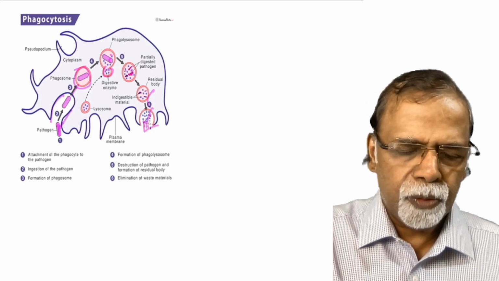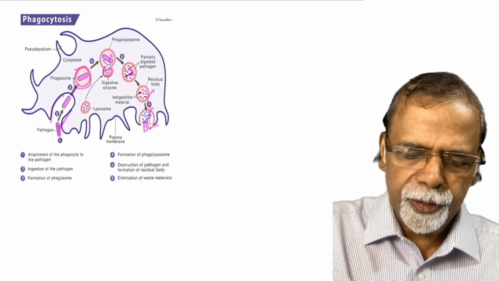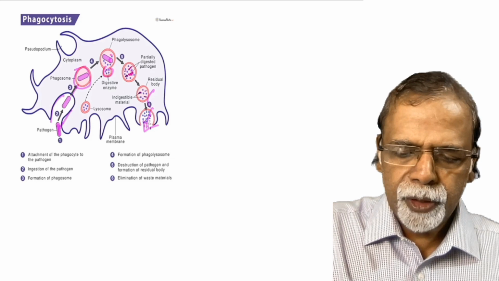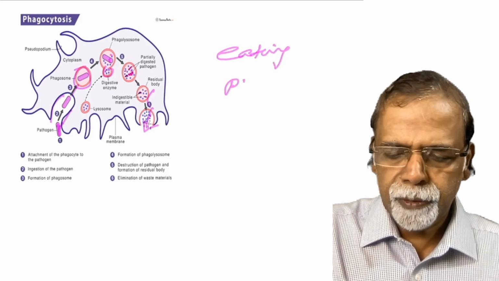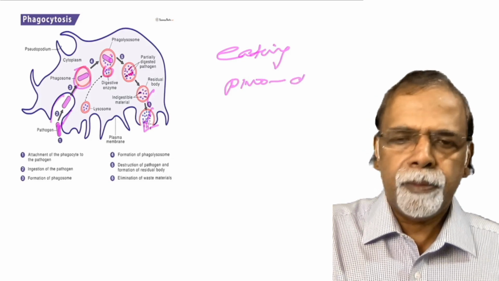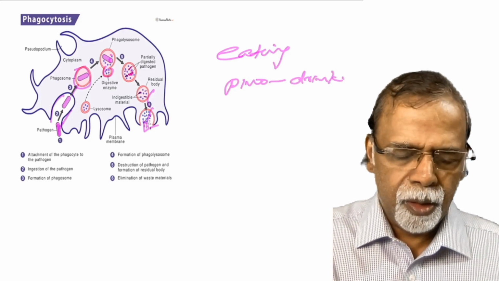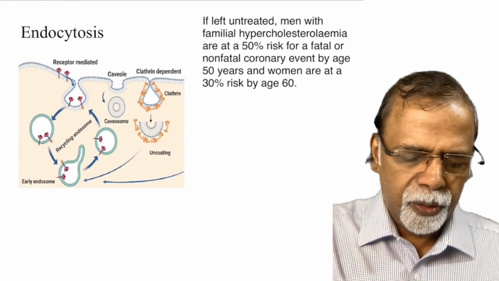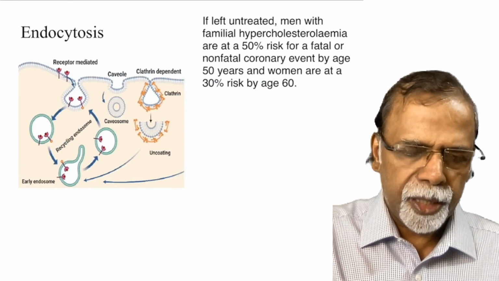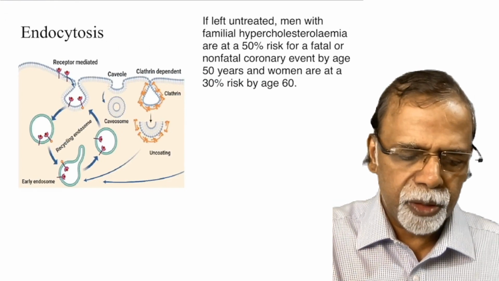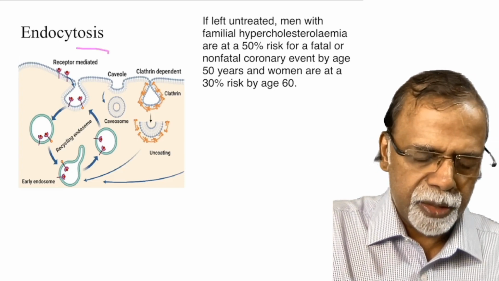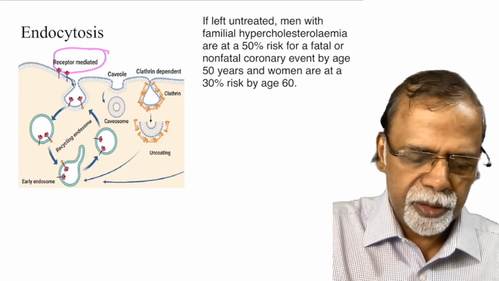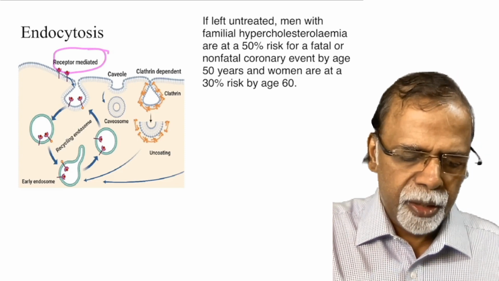So hope you understood. Phagocytosis, eating, and pinocytosis, drinking. Pino is drinking. So endocytosis, as we have said, can be phagocytosis, pinocytosis, or receptor-mediated. There are certain receptors like LDL receptor or receptor for iron.